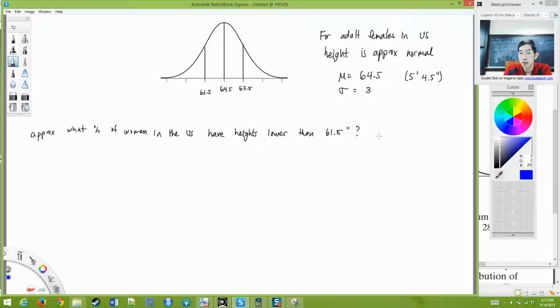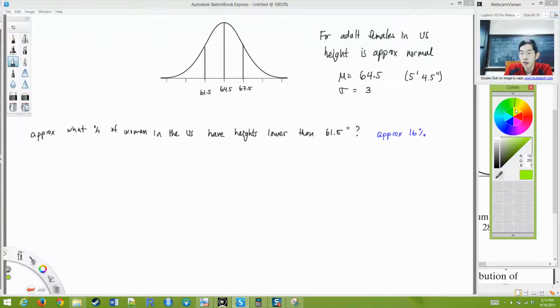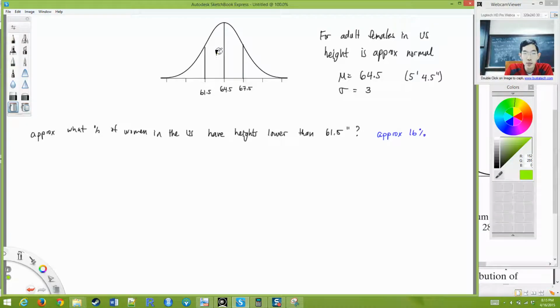Do you have a number in mind? Okay, and I'm going to say approximately 16%. Now how did I get that? Well, approximately how much is filled in here? 68%, right? So if 68% is in here, how much is not shaded? 32%, right? Everything adds up to 100%.